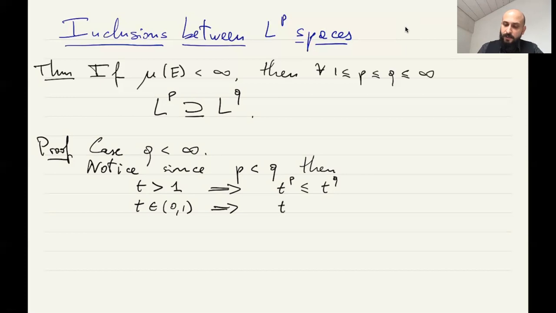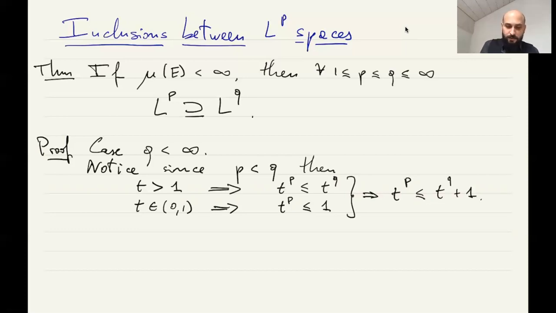Let's consider the fact that T to the P still stays less than 1. So in conclusion, for all positive T's, T to the P can be bounded by T to the Q plus 1.